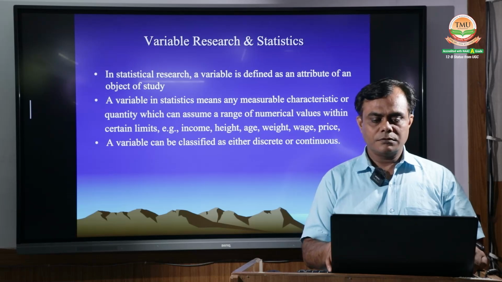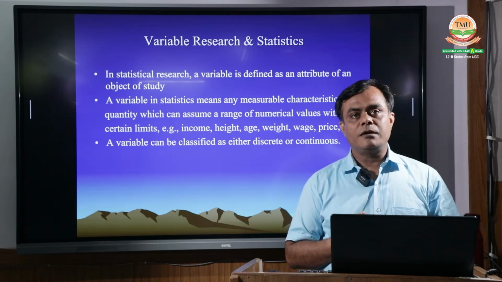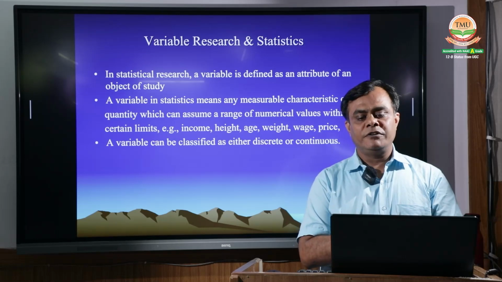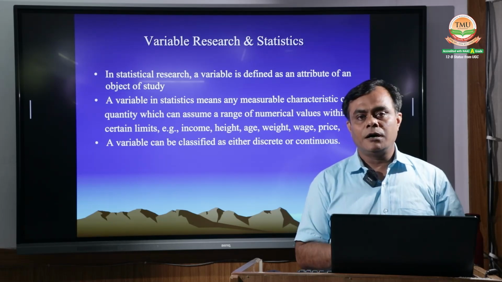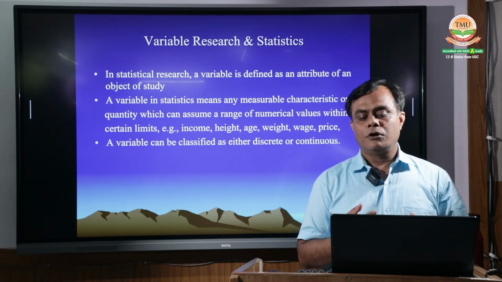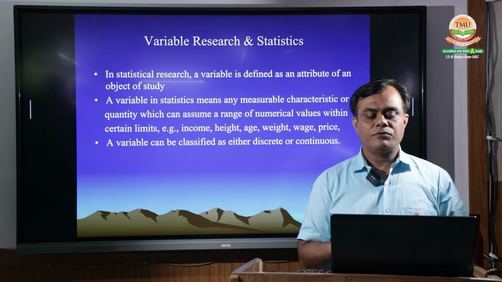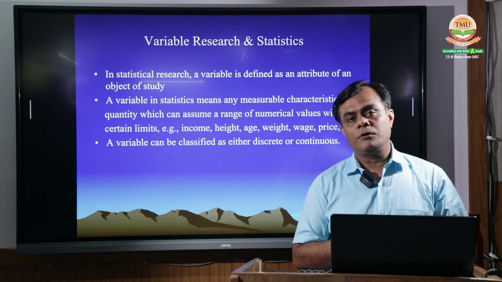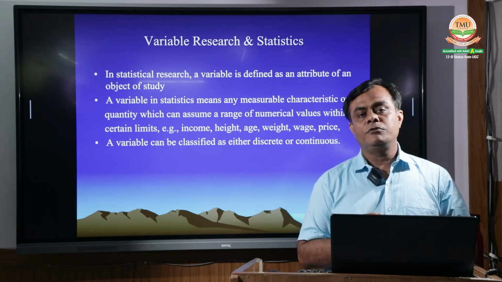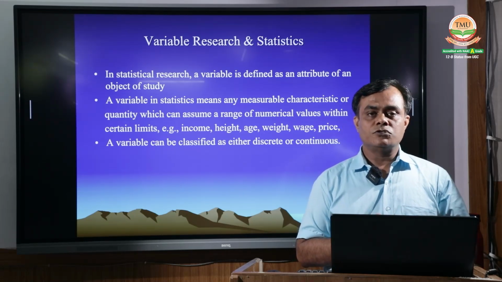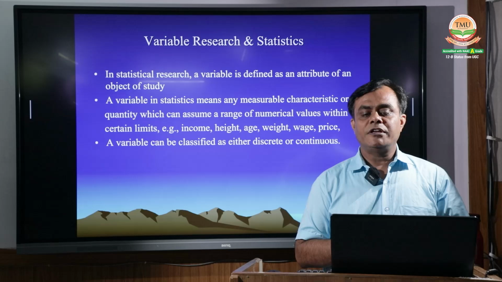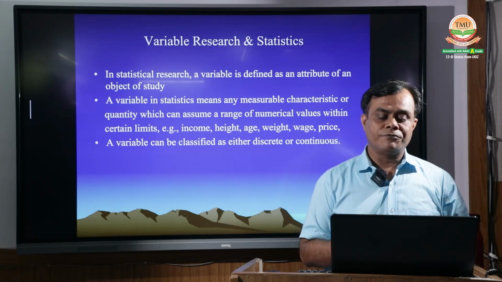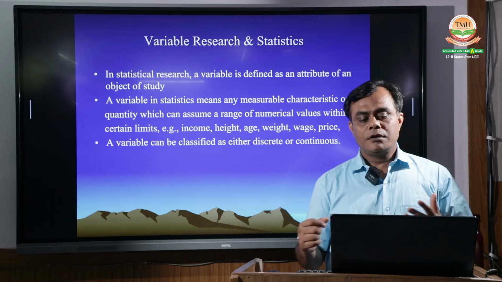Next is variables, variables in research and statistics. The simple definition of a variable is an attribute of the object of study. Whatever the object of the study, its attribute is known as a variable.